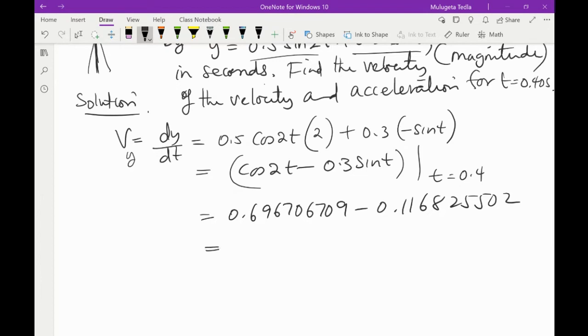So 0.696706709 minus 0.1168255502, I got approximately 0.580 meters per second. You get almost the same.